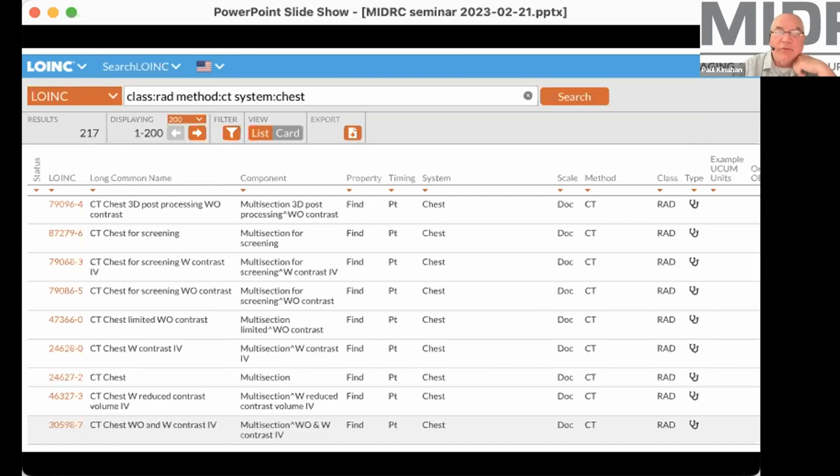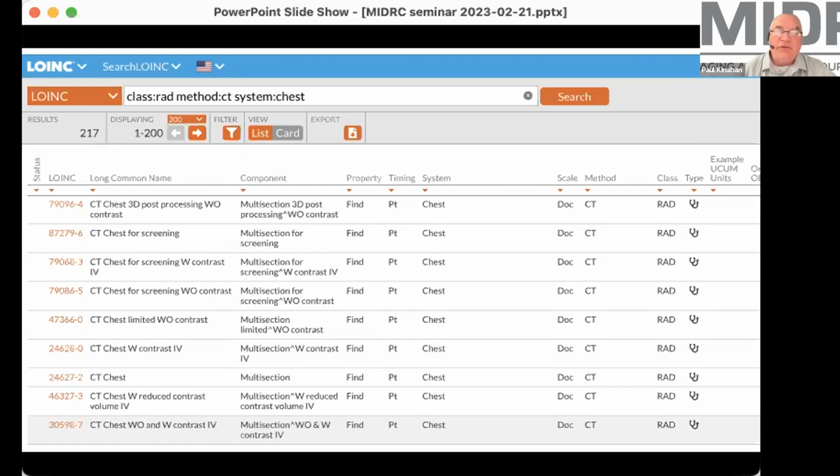This first one says CT chest 3D post-processing without contrast. That's formed by an algorithm that LOINC uses with the RadLex team to make it a guaranteed unique name. It looks an awful lot like what we in radiology would say is a standard study description. In some cases, they're indistinguishable.